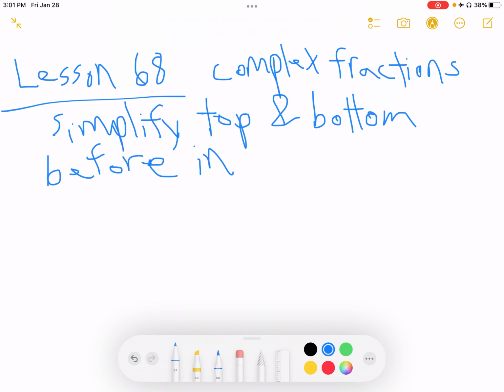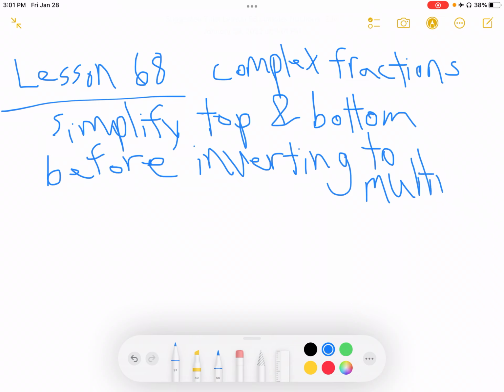So before inverting to multiply. And back to this term, inverting, right? So we know that if you're going to divide by something, then it's the same thing as multiplying by its reciprocal. Okay, so that's all I'm trying to say here. So simplify the top and bottom before you invert to multiply.